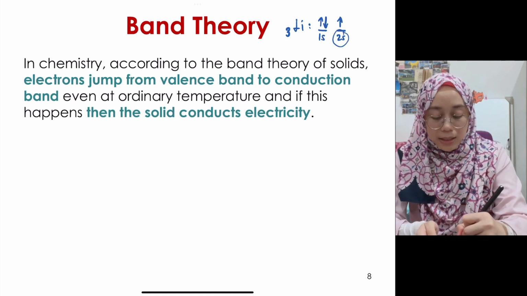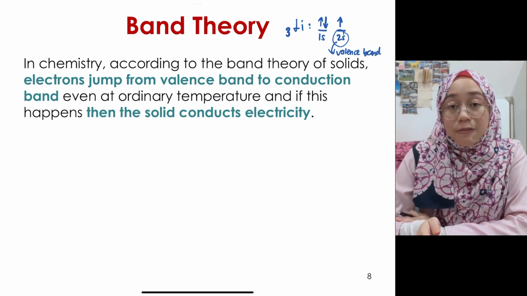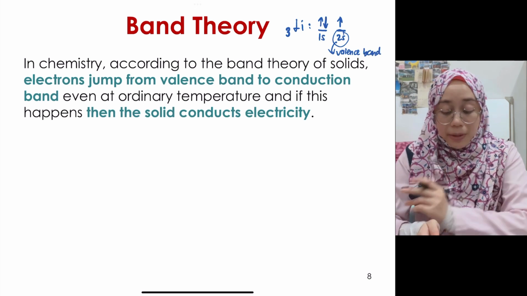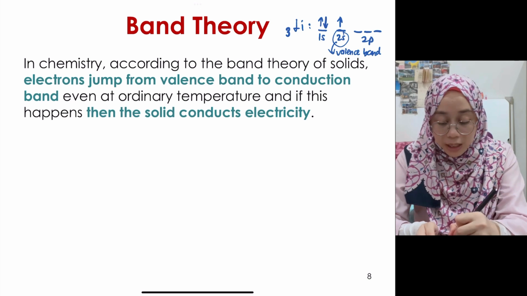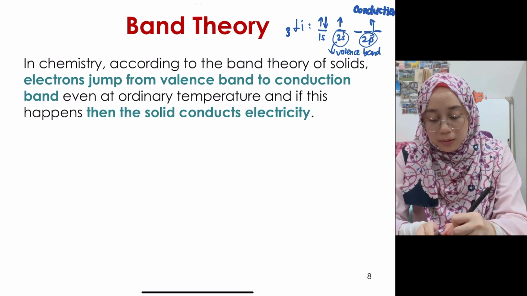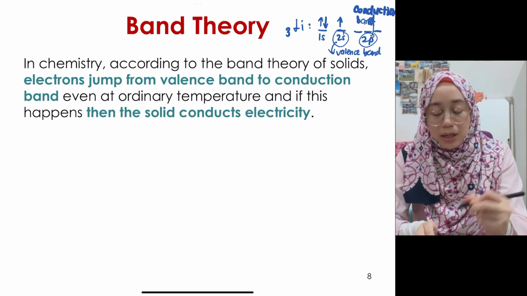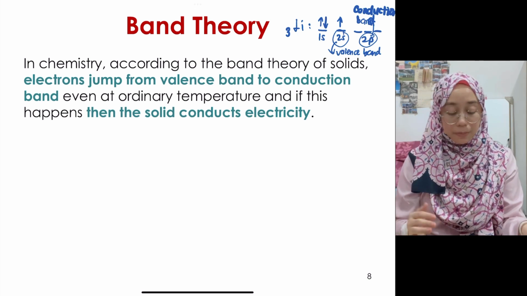So 2s is called the valence band, because that is where the valence electron is located. What about the conduction band? After 2s, we have 2p. So 2p is called the conduction band. The conduction band is usually empty, the next empty orbital after that.